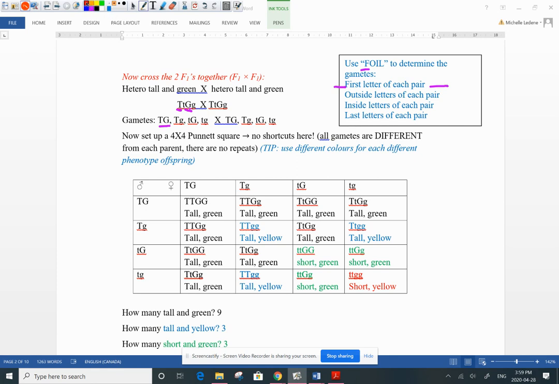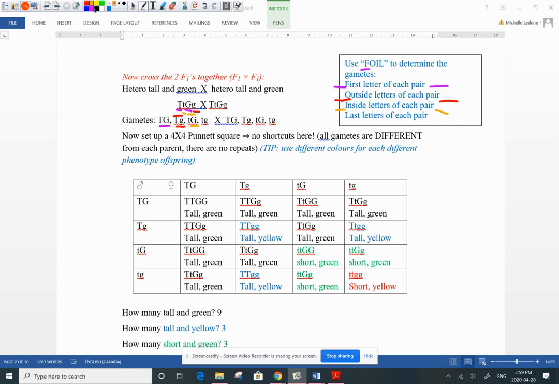And then I am going to go with the outside letters of each pair. So that is the big T, and then this outside guy here, that is the little g. So that's how I got the second gamete there. Okay, next up, I am going to go with I, inside letters of each pair. I'm doing that in orange. So the inside letter was the little t and the big G. So that's how I got that gamete there.